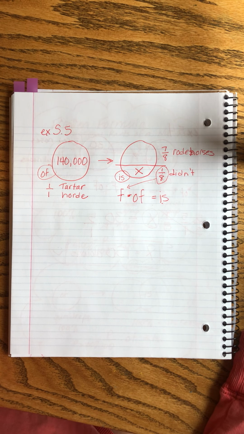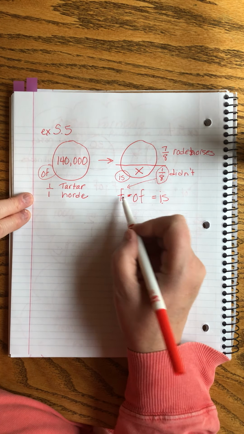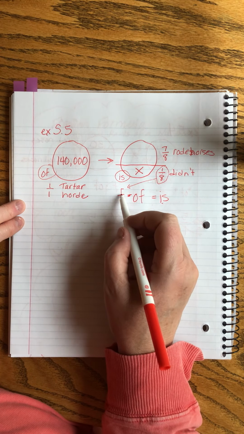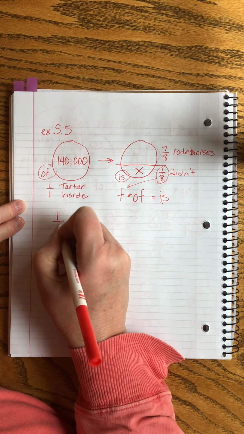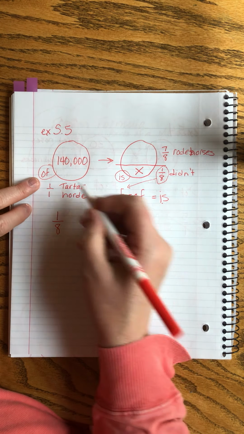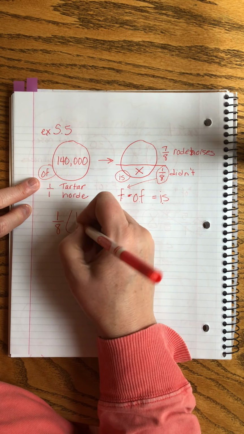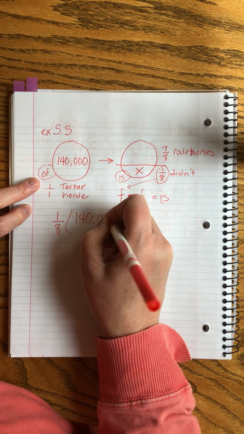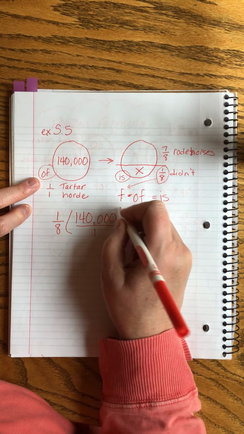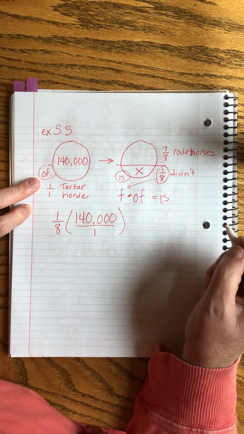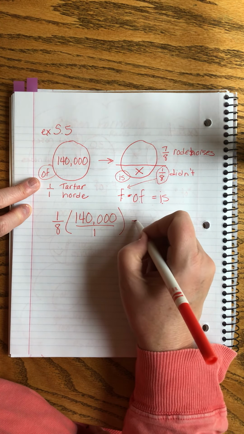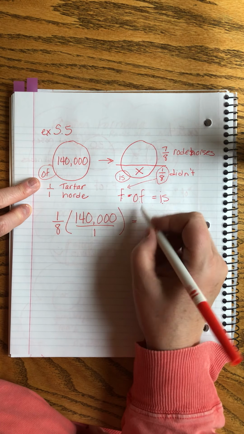Okay, so we've got everything we need. I'm using this now to write an equation. The fraction is 1/8. The of number is 140,000, and I'm going to put it over a 1 just to make our lives easier. And then that equals the is number, which is x.